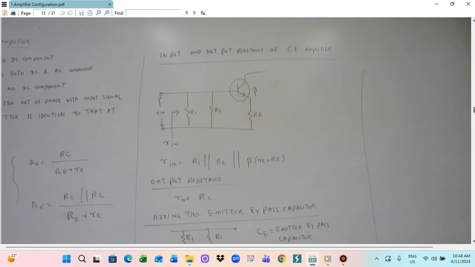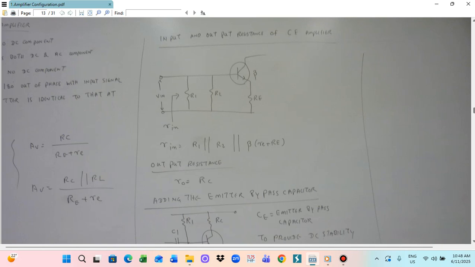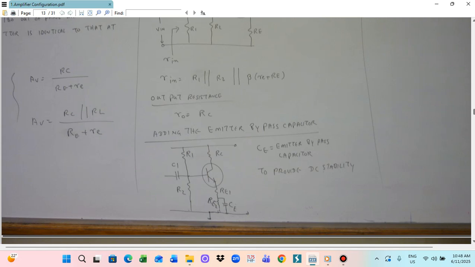We can calculate Rin equal to R1 parallel R2 parallel beta times (RE plus re). So this is the equation to calculate Rin. And also the output resistance: output resistance Ro is equal to RC.